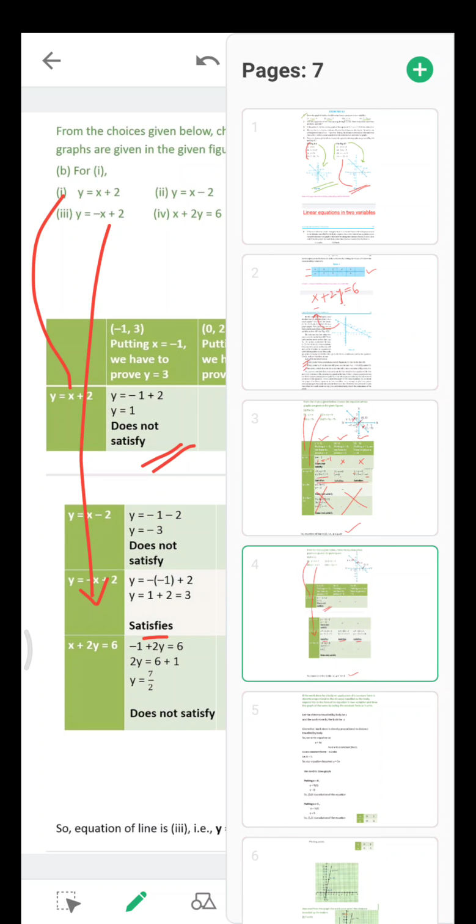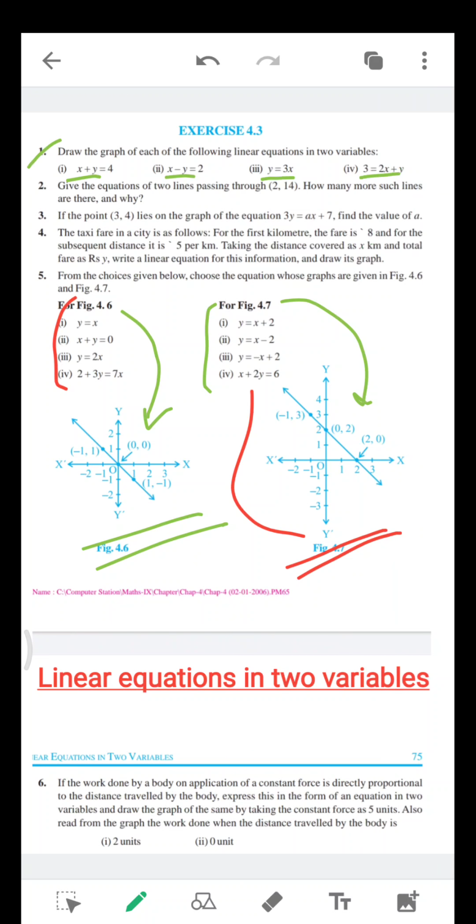Now let's go to the next one, question number 6. In physics you might have learned the formula for work done. Yes, work done is F into S, force into displacement.